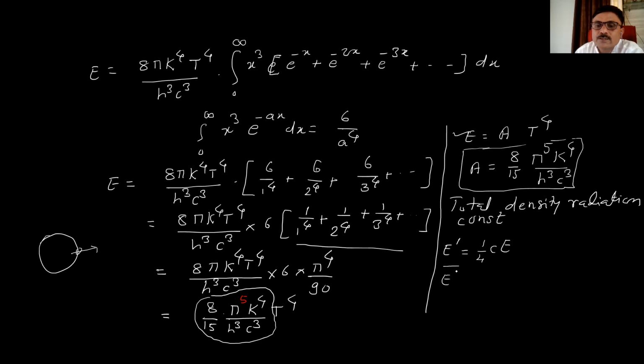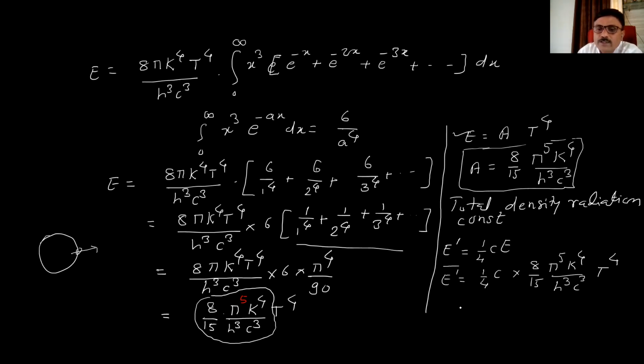So if you use E dash is equal to 1 by 4 into C, and the value of E is 8 divided by 15 pi raised to 5 k raised to 4 divided by h cube c cube into T raised to 4.